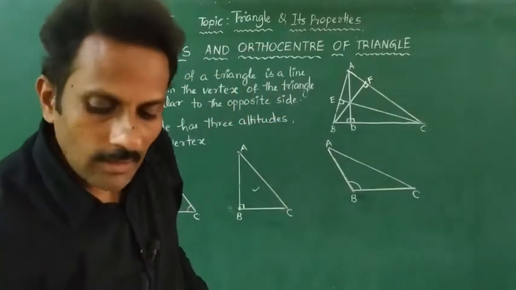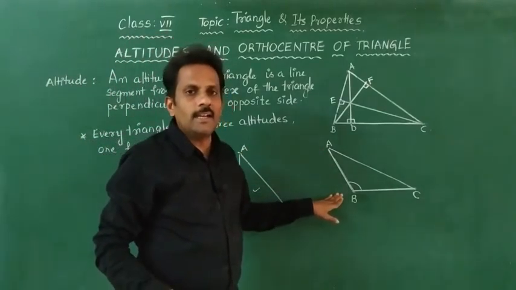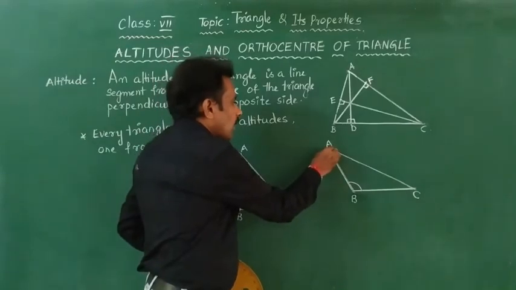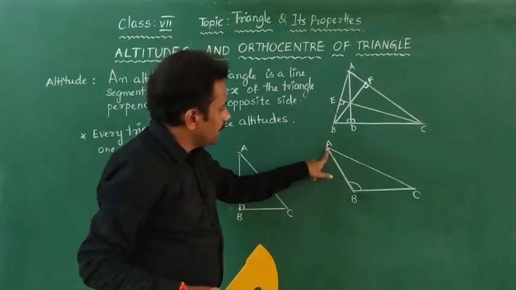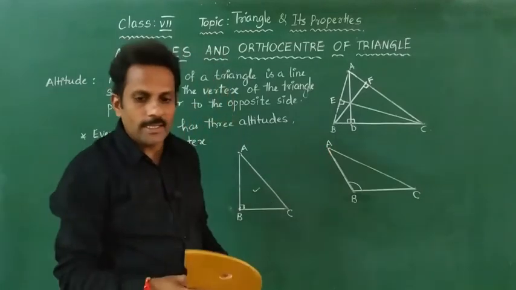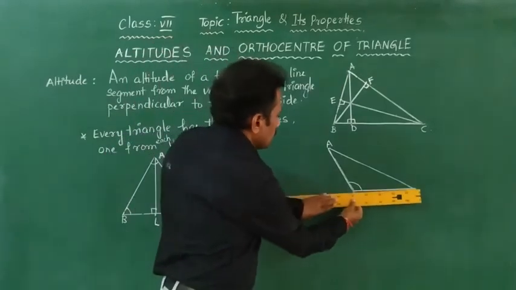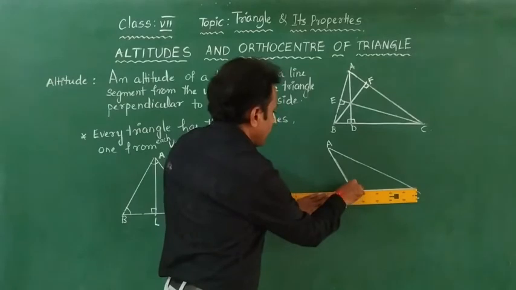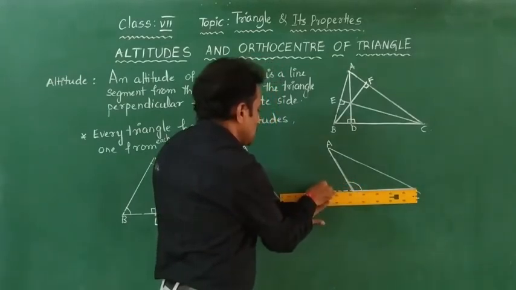Now if you draw the altitude of this obtuse angle triangle, where does it come? So the condition is the altitude must be drawn from the vertex. That means 90 degrees, it comes like this. So let us extend BC to the left side. If you extend BC to the left side, we get the extended side BC in this way.